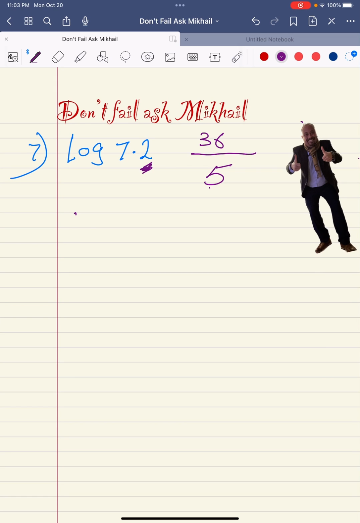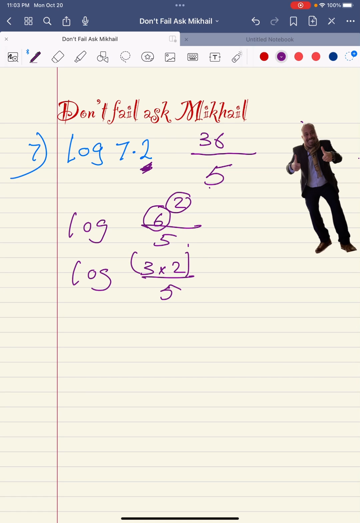And what is 36? All right, log 36, you can say it's 6 square divided by 5. Someone is going to tell me, Mikhail, I don't know what 6 square is. Yes, but you know that log 6 square is 3 times 2 divided by 5, but 6 is the only one that has the exponent, so you put parentheses. So that equals log the top, and the top is 3 times 2 square, minus log the bottom 5.